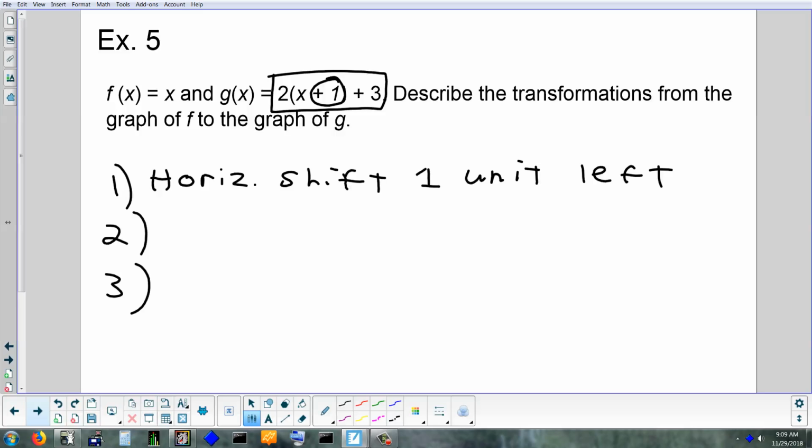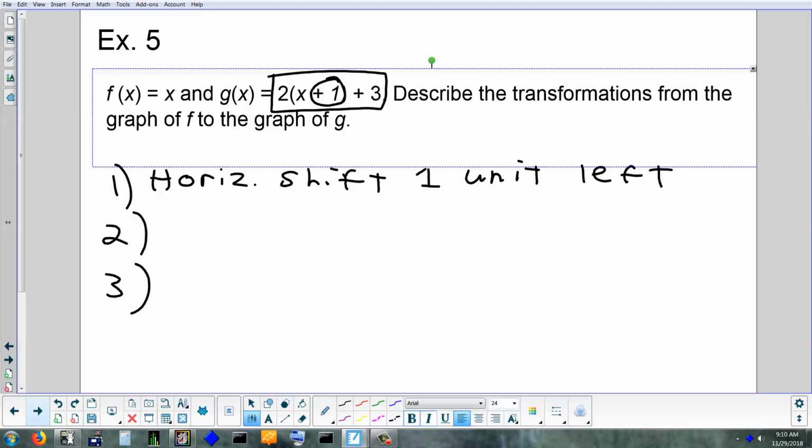Vertical stretch. Do I have a vertical stretch here? Gigi, what do you think? Yeah, how do you know when something is a vertical stretch? You do what and you do it where? You multiply a number on the outside. I see that right there. 2 times, and it's on the outside.